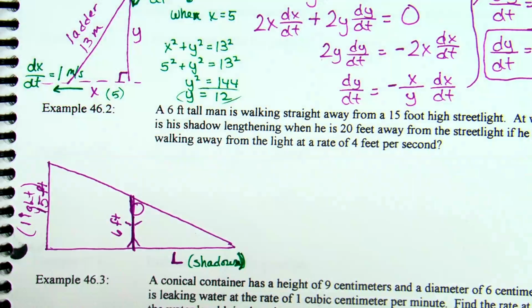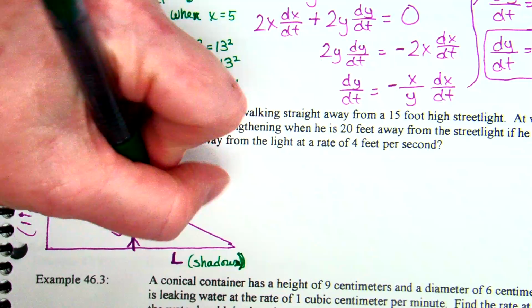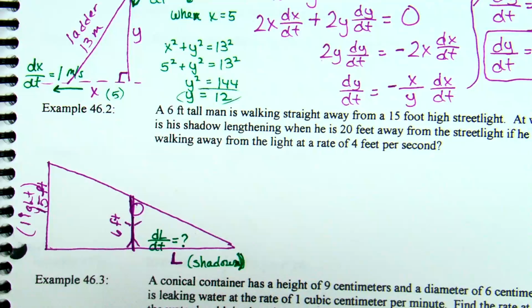It wants to know at what rate is his shadow lengthening. So what are they asking me to find? If his shadow is L, at what rate is his shadow lengthening? That means I'm trying to find dL/dt, because his shadow is L. We're trying to find dL/dt when he is 20 feet away from the street light.